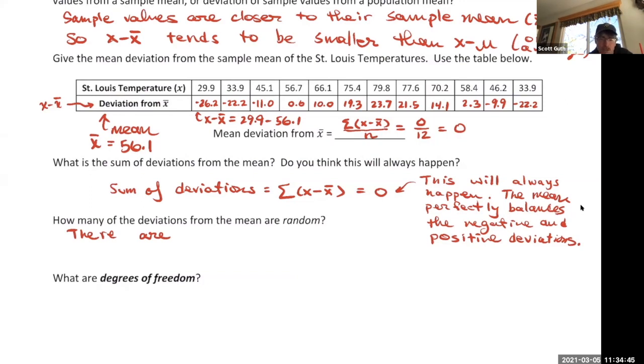It has to be a 30. Once the first 2 were picked, the last one is determined by the prior ones. That is always true when you know what a list of numbers adds up to. Now, deviations from the mean have to add up to 0, which tells you they are not all random.